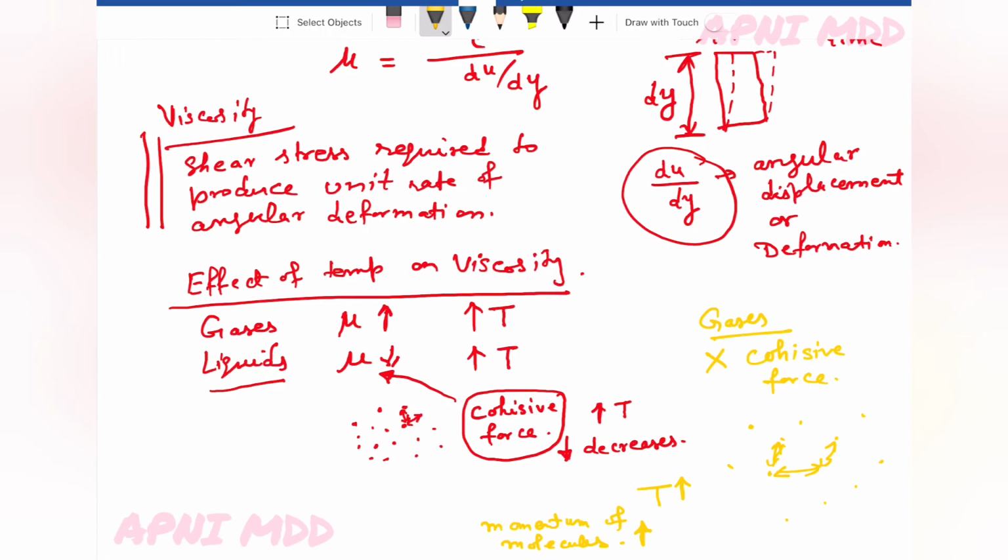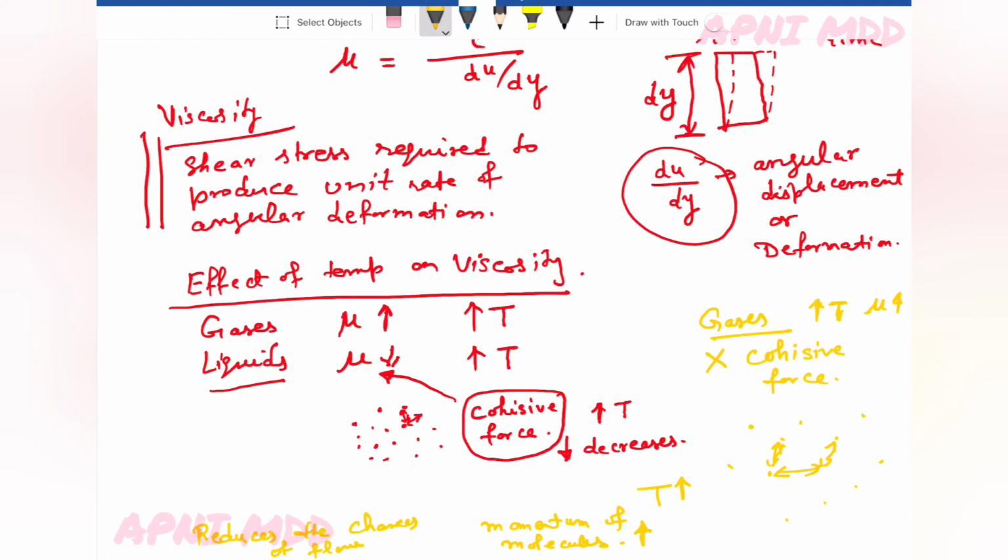When the gas flows, this striking of molecules reduces the chances of flow, so that resists flow. So in the case of gases, when we increase the temperature, viscosity also increases.